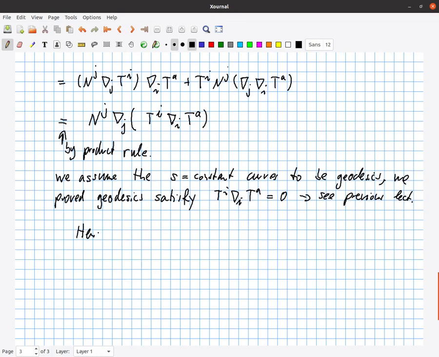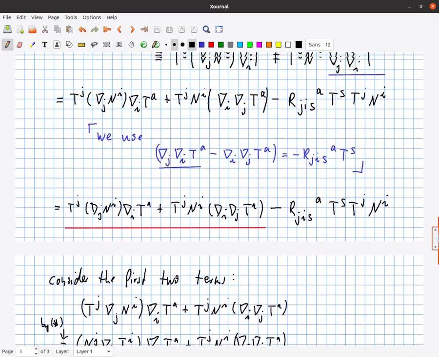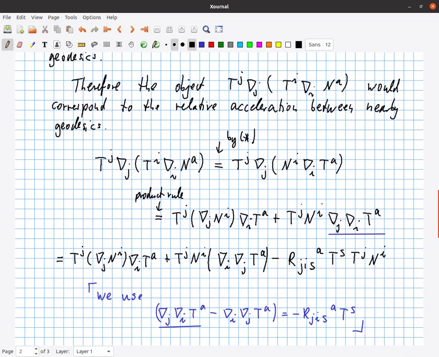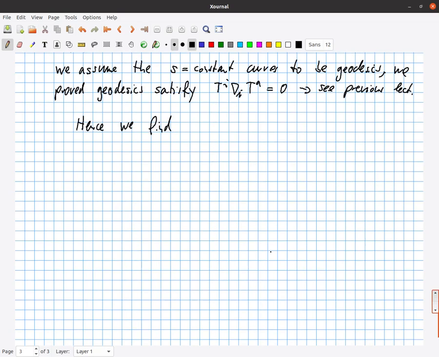Hence, we find, let's collect what we actually started with. We started with t^j nabla_j, so t nabla acting on t nabla acting on n.